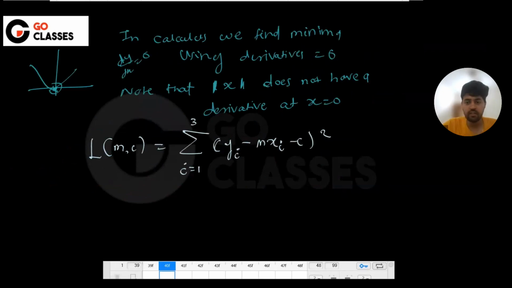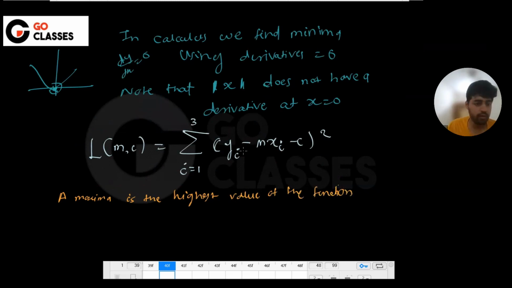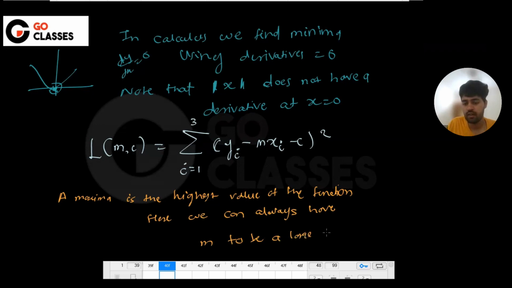So why can it not be a maxima? A maxima is the highest value of the function, right? So there can be no other value that this function can take which will be greater than the maximum. But we can always set m to be a large number, and c also to be a large number, and we can increase the value of this function to whatever we want.